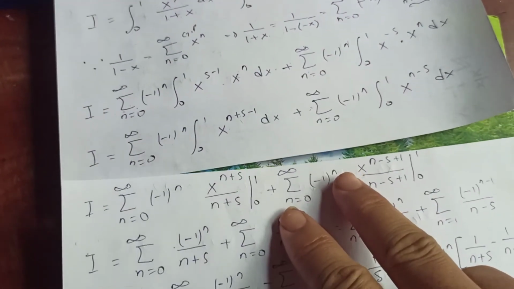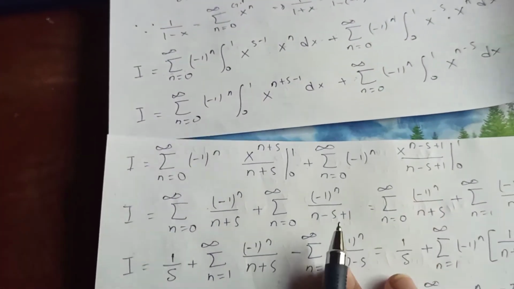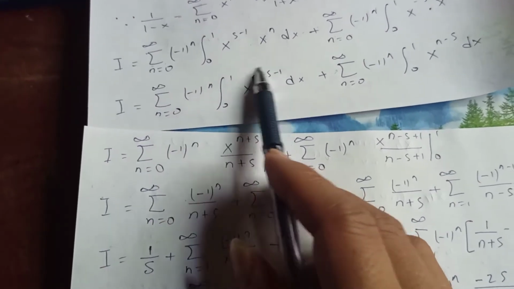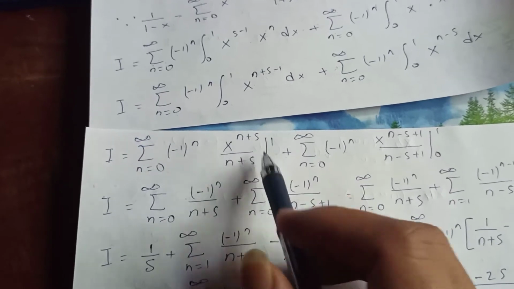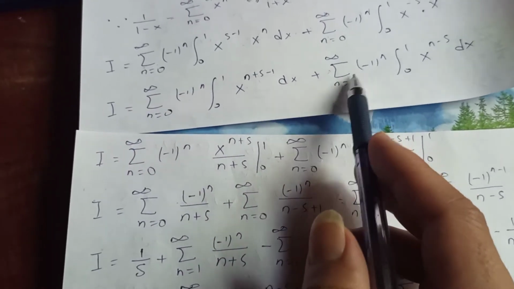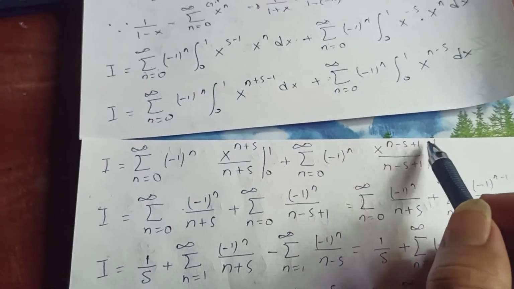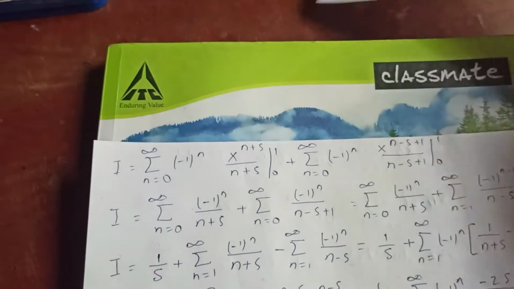So the integration of this will be x to the n plus s upon n plus s, from 0 to 1, plus the sum of minus 1 to the n, where the integration of this will be x to the n minus s plus 1 upon n minus s plus 1, from 0 to 1.